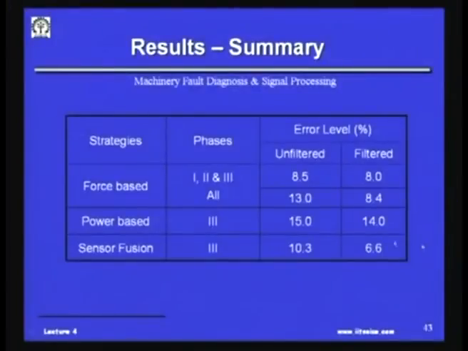And in this example which we saw, sensor fusion for filtered data also gives you the best value, unfiltered and filtered. So sensor fusion is another area which is being used for robust fault detection and identification in machineries. Thank you.